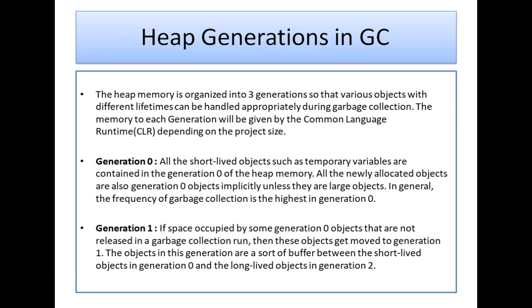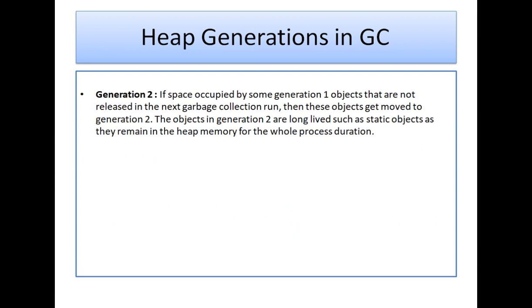Here we call it a generation, but you can assume it divides it into three parts. Your one big heap memory is divided into three parts. These three parts we call generation 0, generation 1 and generation 2.